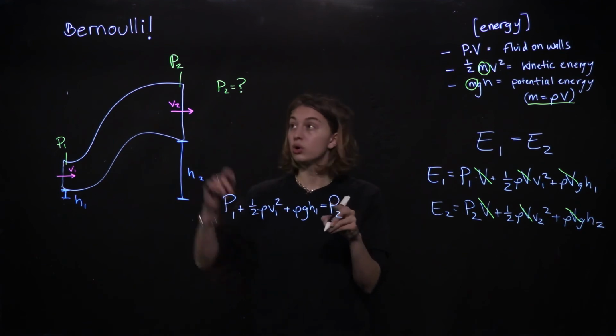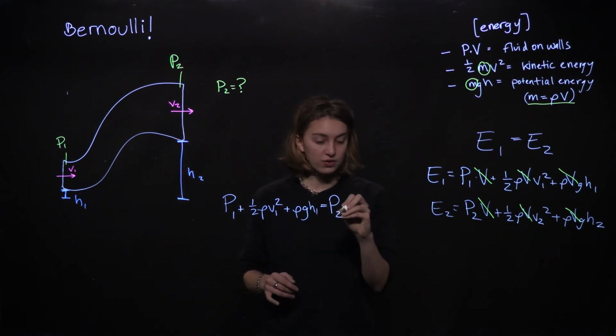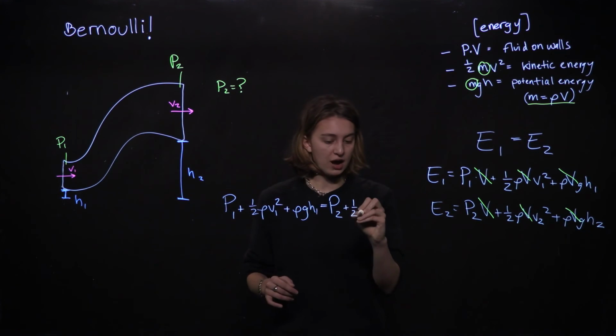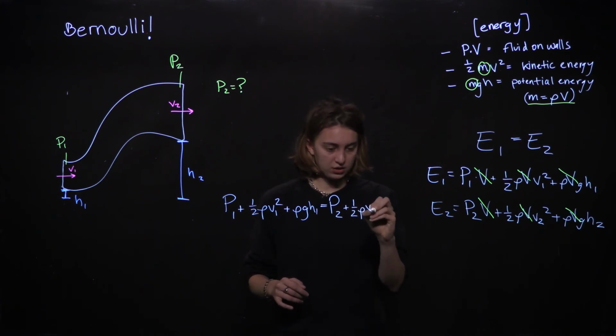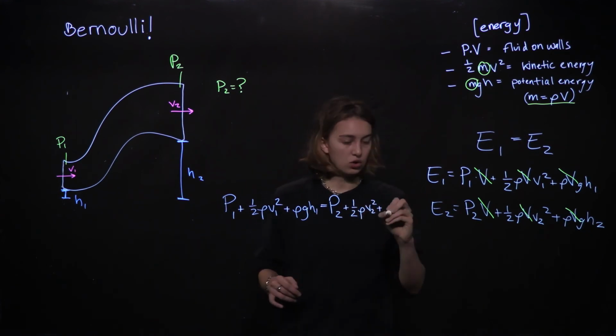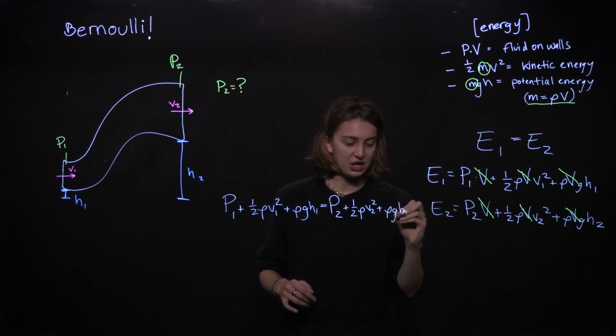So our P2, which is what we would be looking for in this problem, plus 1/2 rho v2 squared plus rho g h2.